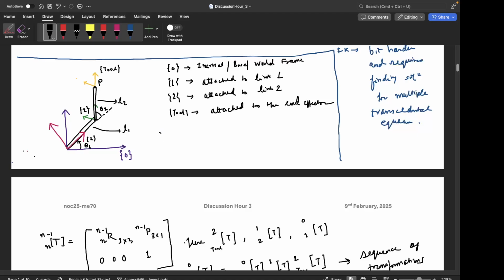As we discussed in the last session, C1 is cos theta 1, S1 is sin theta 1, C12 is cos of theta 1 plus theta 2, and similarly S12 is sin of theta 1 plus theta 2.